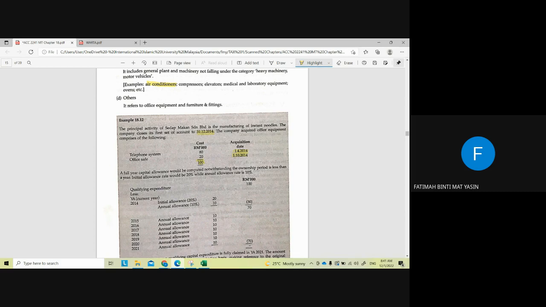Here, the company closed its account on 31st December, so the accounting period is from 1st January 2014 until 31st December 2014. If the financial year end is 1st January up to 31st December, that one is easier for you. So when the company acquired the asset on 1st April 2014, and also 1st October 2014, it is basically within this period.